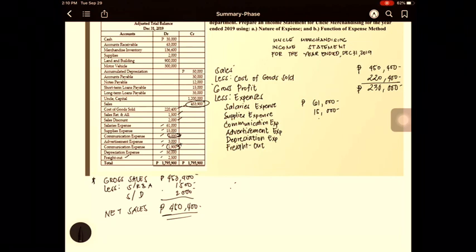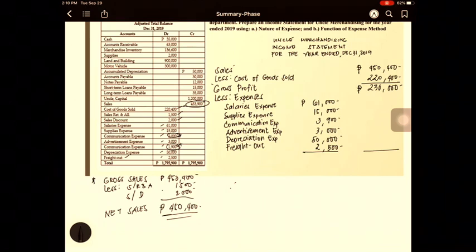How much is that? 3,900, right? And your advertisement expense of 3,000. The depreciation expense of 50,000 pesos. And finally, your freight out of 2,500 pesos. So you just get the total of the expenses.